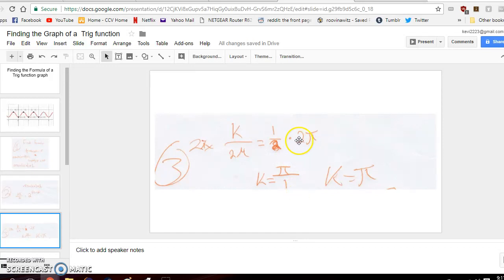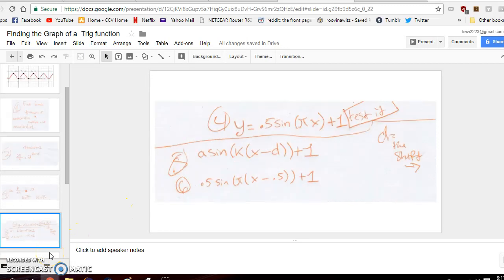And when you have something times 2 pi, you end up finding the value of this divided by 2, or 1, and anything above 1 is itself, so k equals pi. Which means, if we move on, we currently know that y equals 0.5 sine of pi x, plus 1. And we want to test that, just to be sure if there is a shift or not.